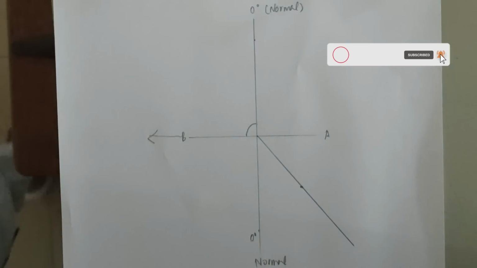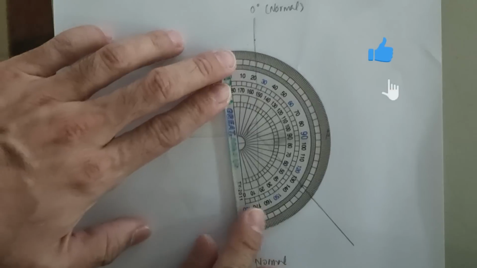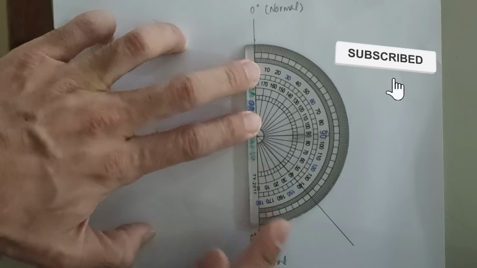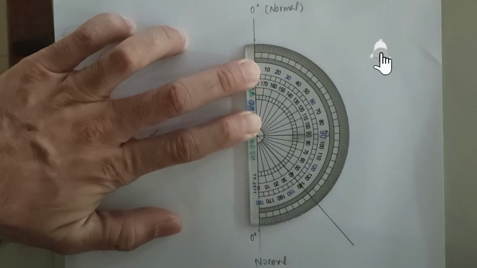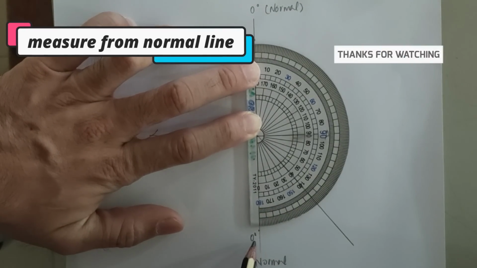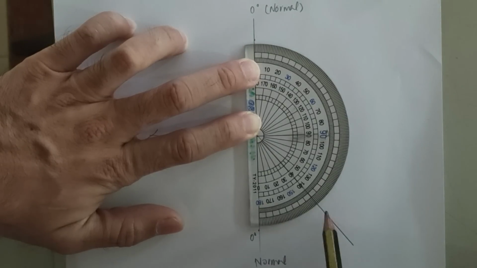Okay, so we measure by using our protractor. So place our protractor. Make sure you measure your angle from the normal line where the angle is equal to 0. So from here, my reading is almost, you can see, 40.